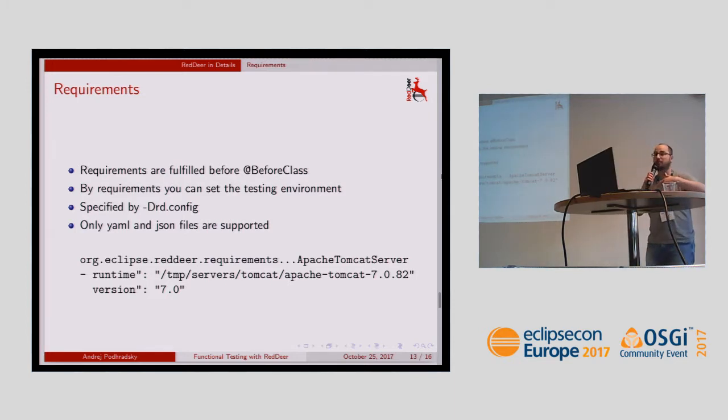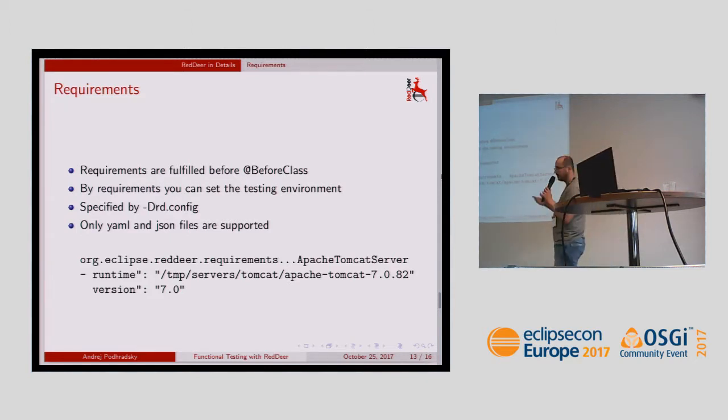Another problem is that if you have the test on a public repository, like we have, and the databases and servers are in some internal places and contain some private information, for example passwords, this can't be located on a public repository. That's why we started using requirements.